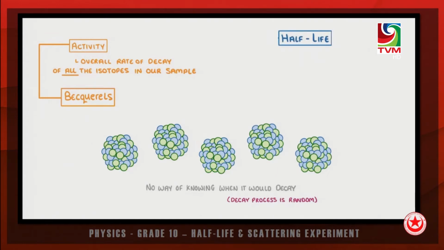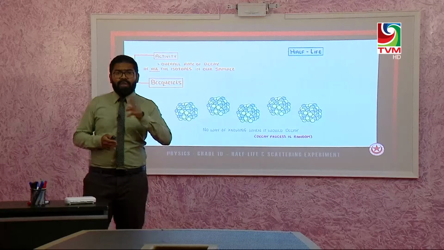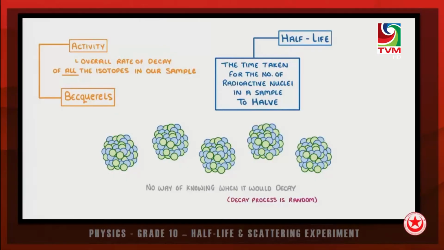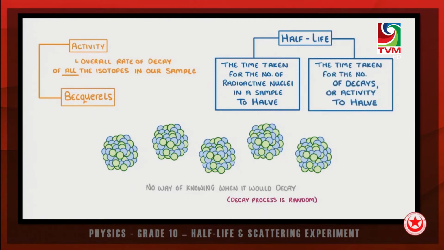The other thing that we know from the radioactive process is the half-life. You must be wondering how to define half-life. We can define half-life in two ways: in terms of the number of radioactive nuclei, and in terms of the time taken for the activity to reduce to half of its initial value.